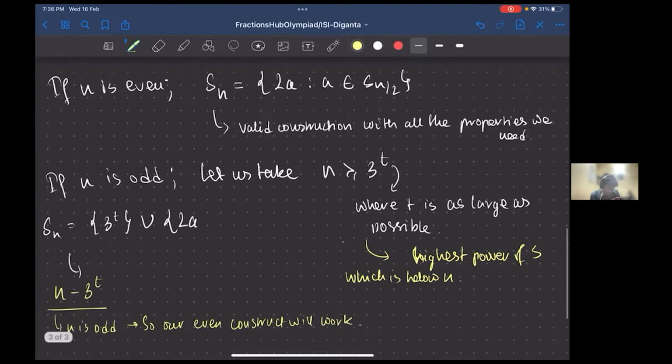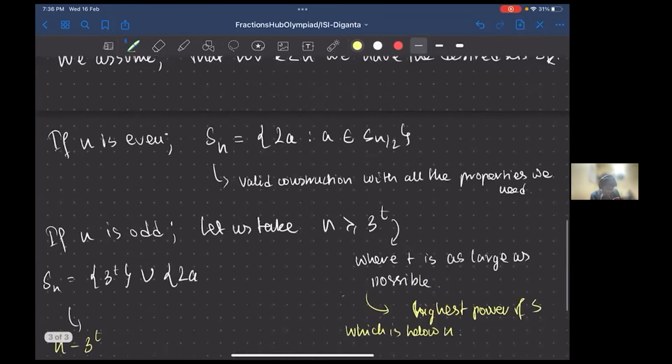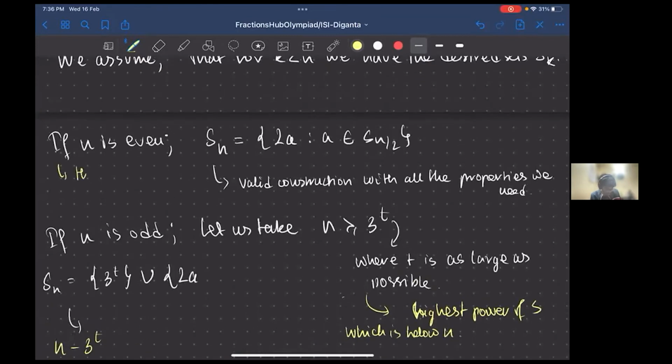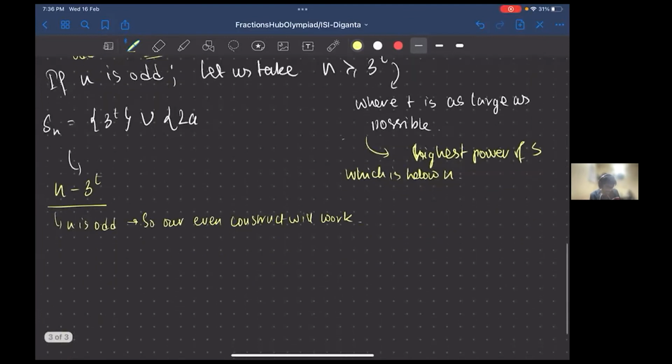So essentially, the even construction would eventually give the odd construction. So this is the even part.